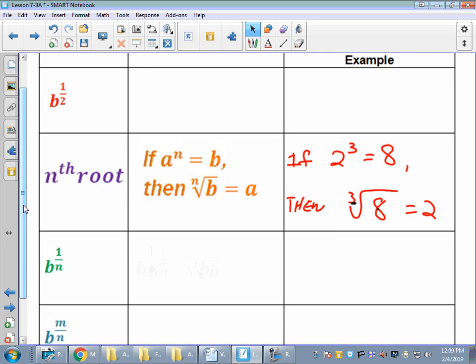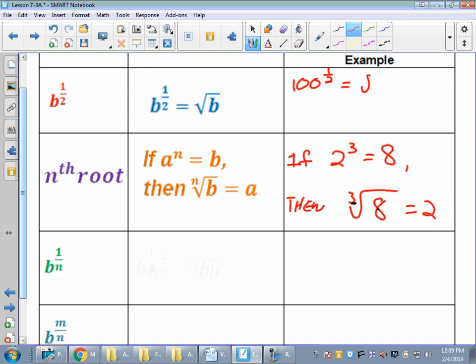So b to the 1/2 power. Anything that says b to the 1/2 is saying the square root of b. So you've got your 2 in the fraction here, and that's going to be the square root of b. An example of that would be, we mentioned 100 to the 1/2 power. That would be equal to the square root of 100.